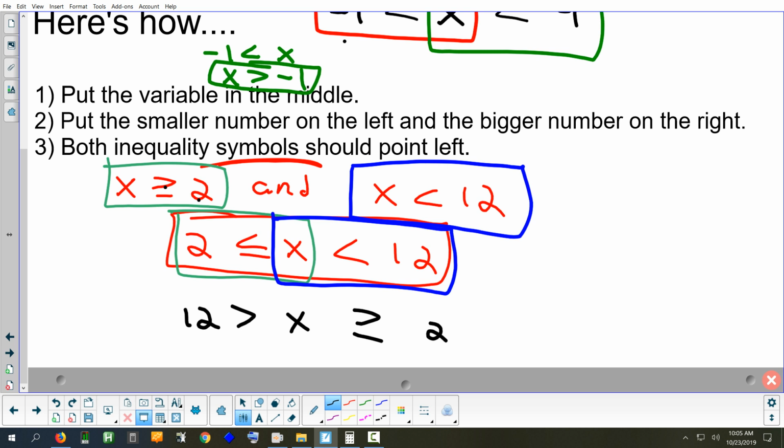But look, x pointing at 2, x pointing at 2. Between the x and the 12, look, it's pointing at the x. Those two are exactly the same. So if you do it in Math Lab, your teacher might show you how to do it this way.